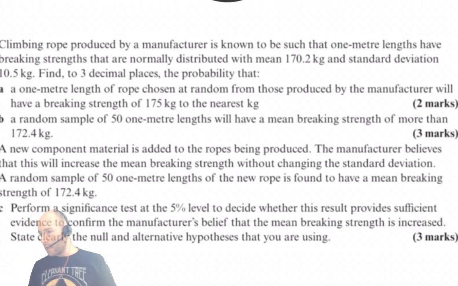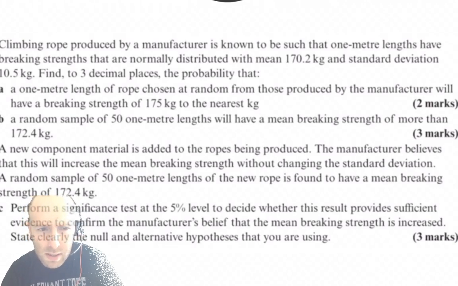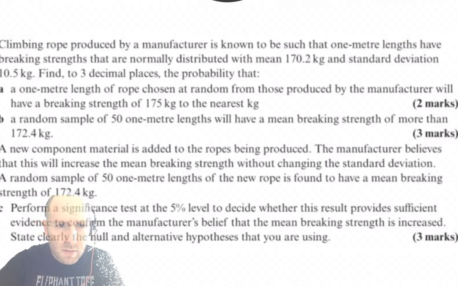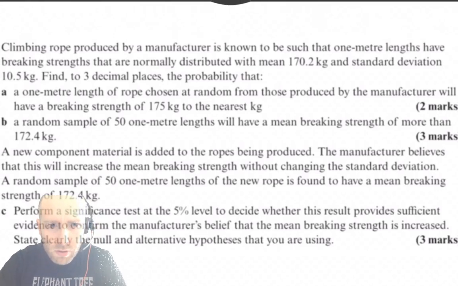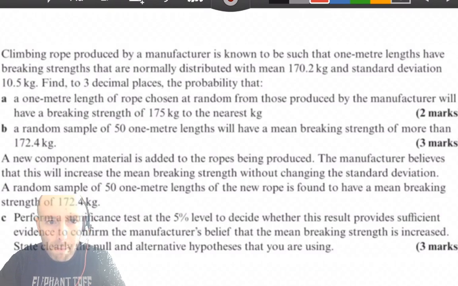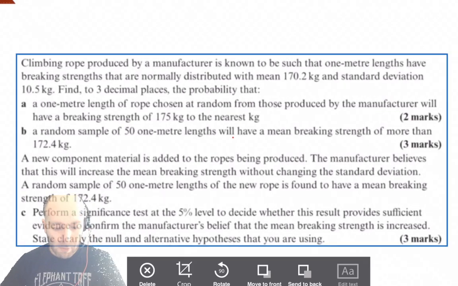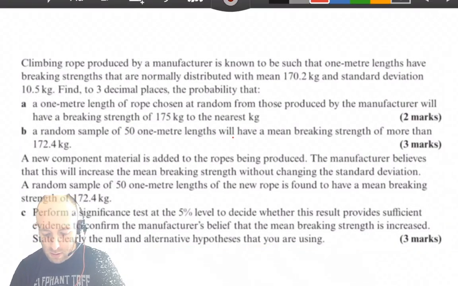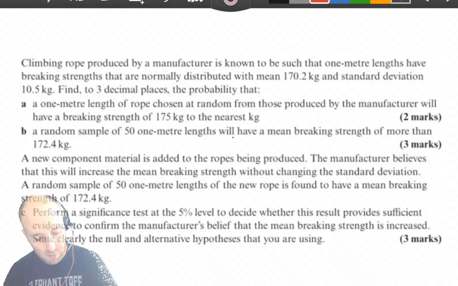So part A, try and find a probability. We've got climbing rope produced by a manufacturer, known to be such that 1 meter lengths have breaking strengths that are normally distributed with mean 170.2 and standard deviation 10.5.